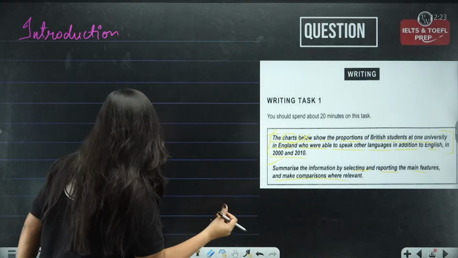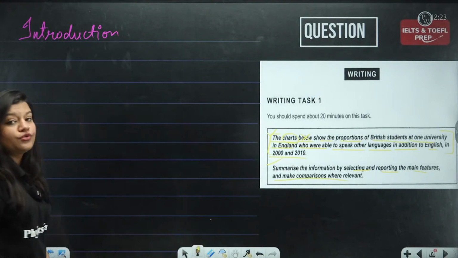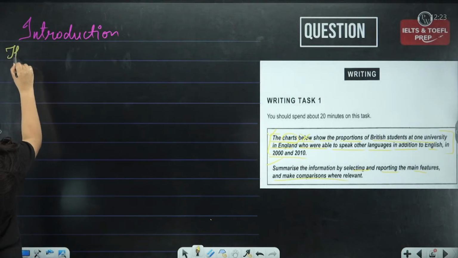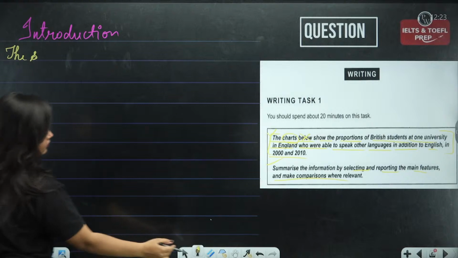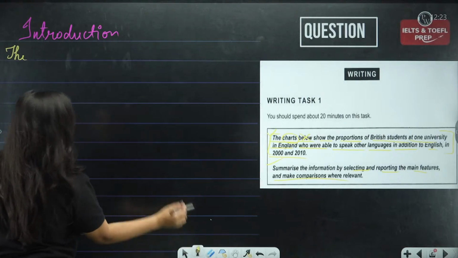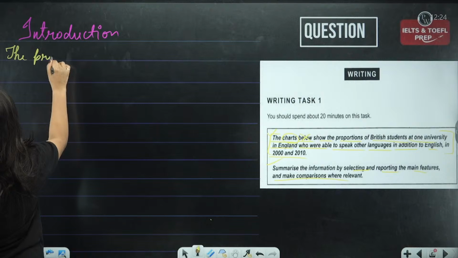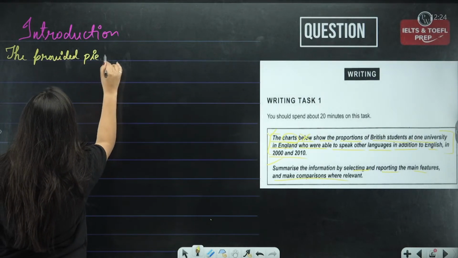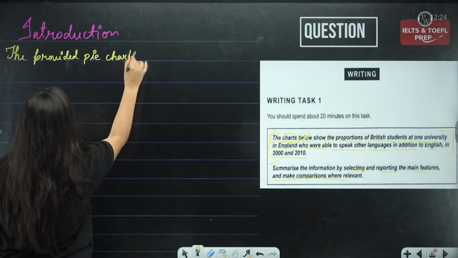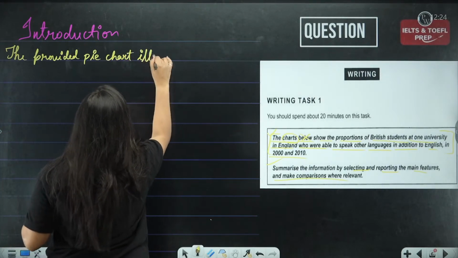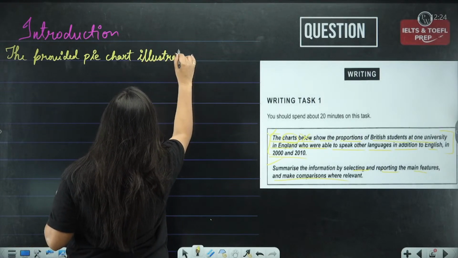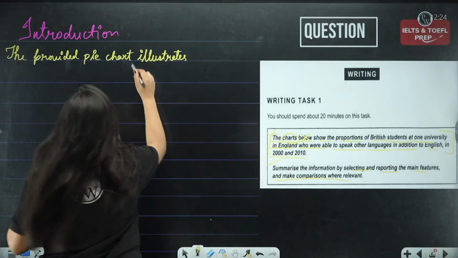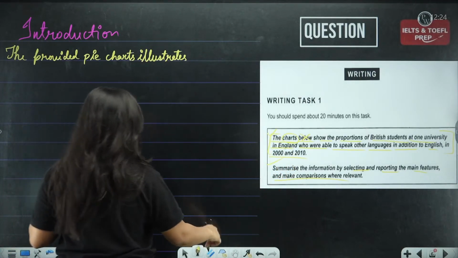So what you've written, the chart below shows. Below हमने हटा दिया, we have to write the chart. So what I'm going to write? The provided pie chart, because we have two charts, right?